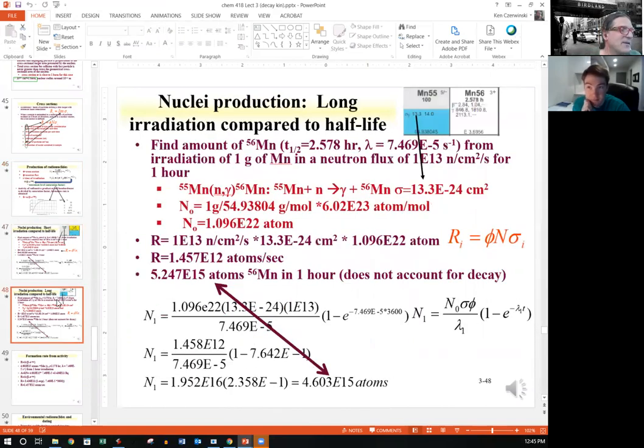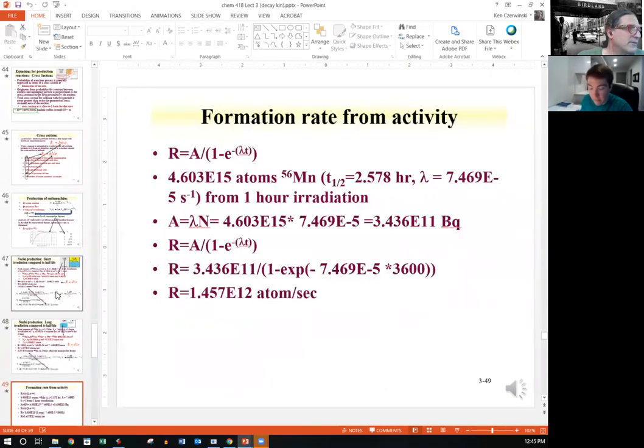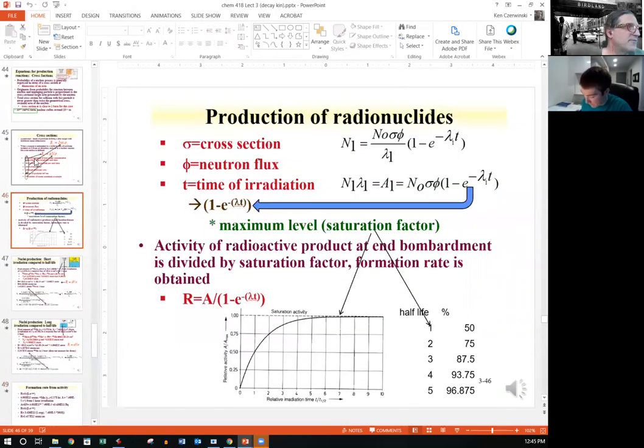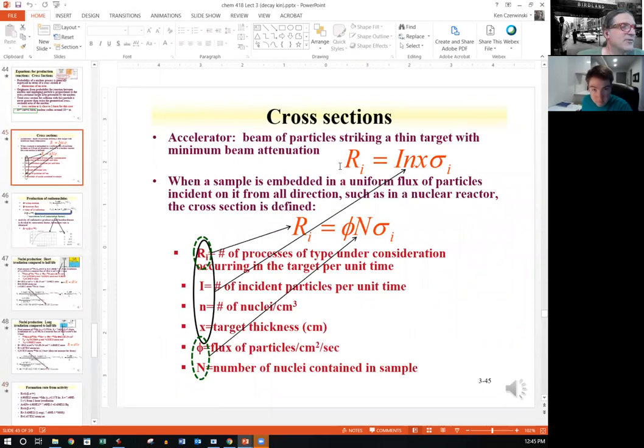You're right. Yeah, and the same equations hold. The only difference is with the accelerator, the form of the equation is a little bit different because I use this initial term. I'm not using a neutron flux.